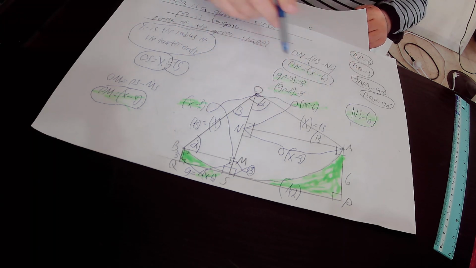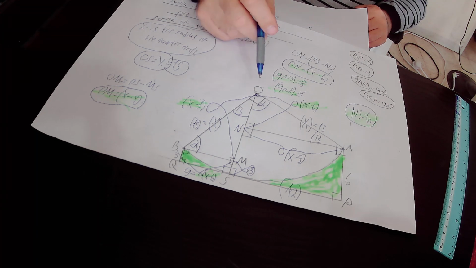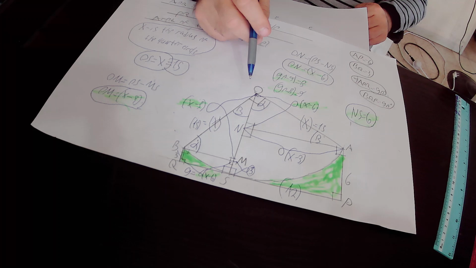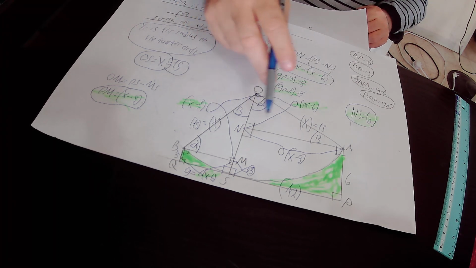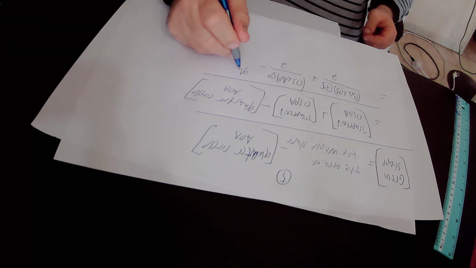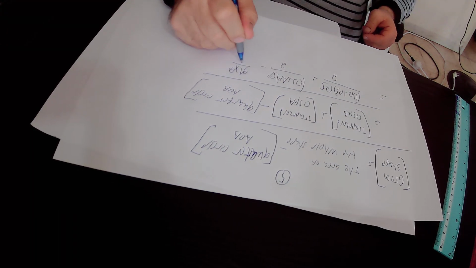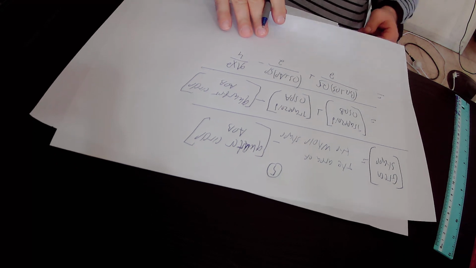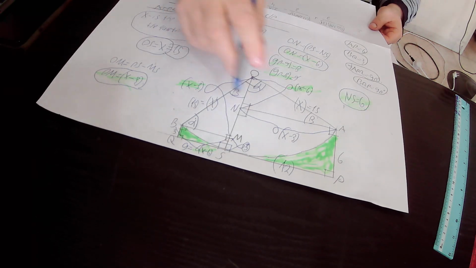The area of this quarter circle equals the area of the circle over 4. The radius of the circle and also the radius of the quarter circle is x. Therefore, the area of the circle is pi x squared. So pi x squared over 4 is the area of this quarter circle AOB.